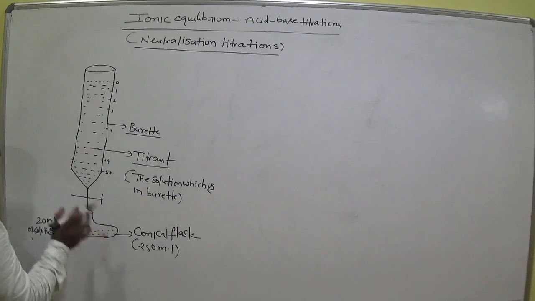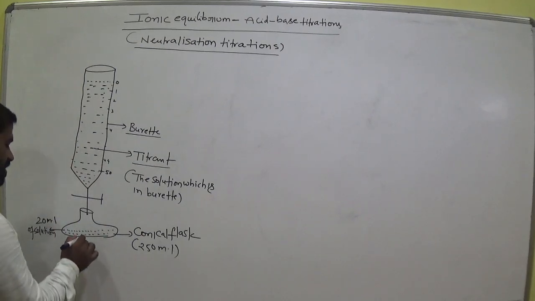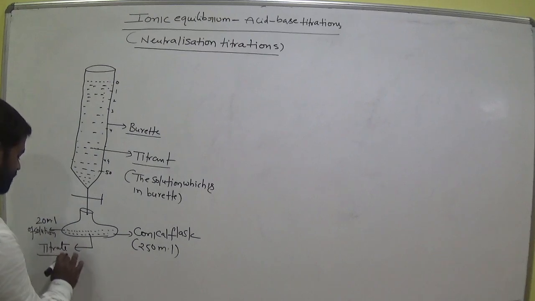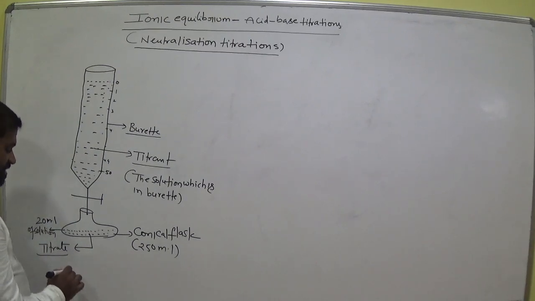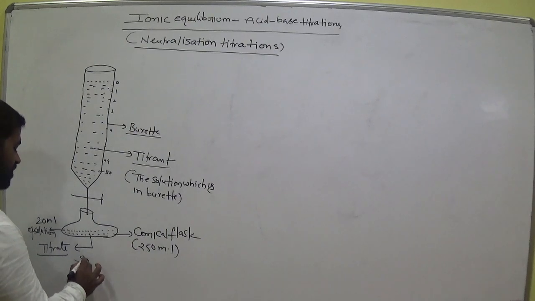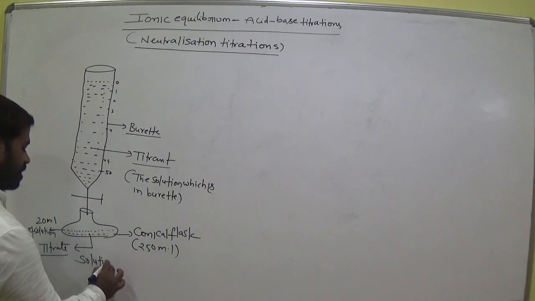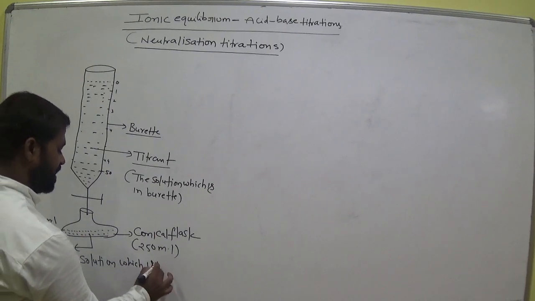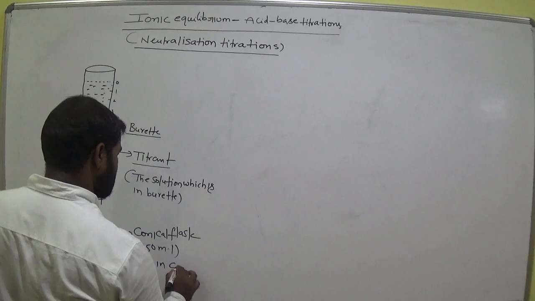Suppose it is acid. This solution is called the titrate. Titrate means the solution which is in the conical flask.